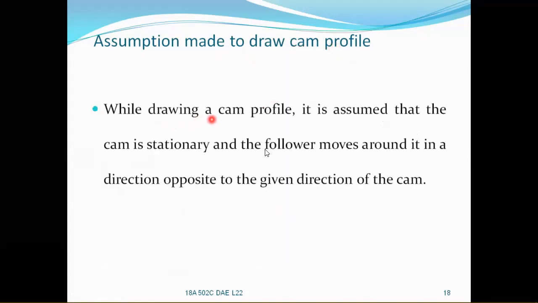And here some assumptions are there. Only one assumption is made to draw the cam profile. While drawing a cam profile, it is assumed that the cam is stationary.